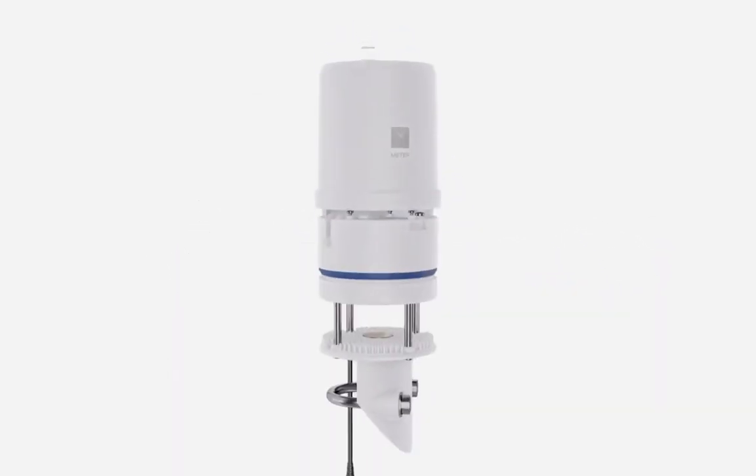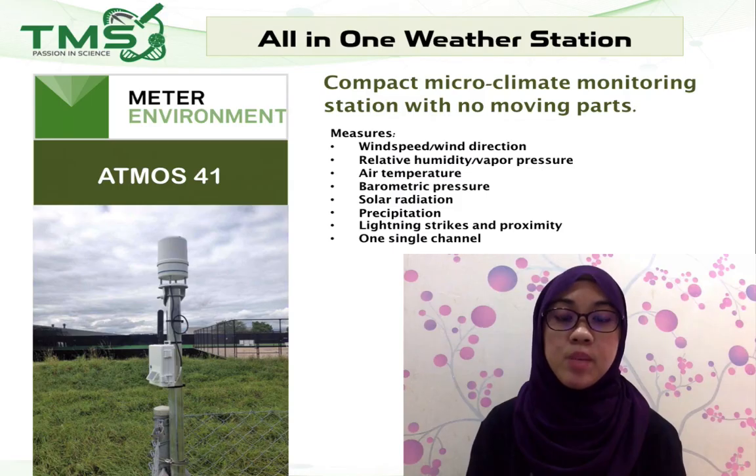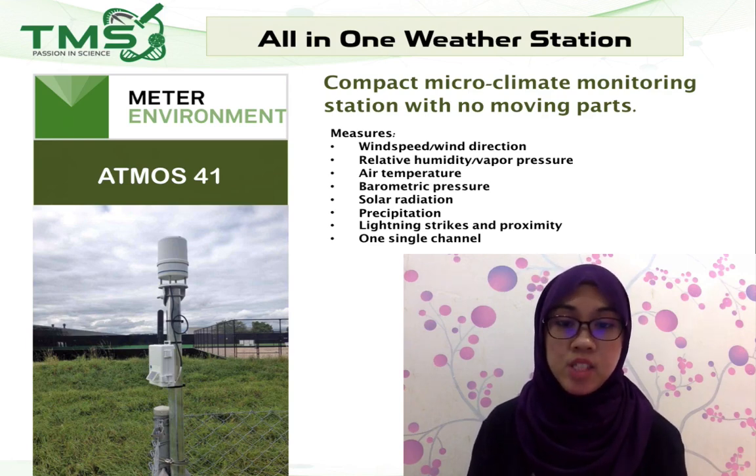And unlike most other stations, it measures both rain and solar radiation, making it a true all-in-one weather measuring system. That's why we call it all-in-one weather station. So if you need a complete weather station, we will suggest Atmos 41.